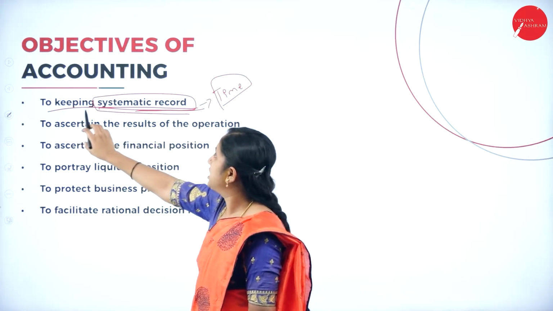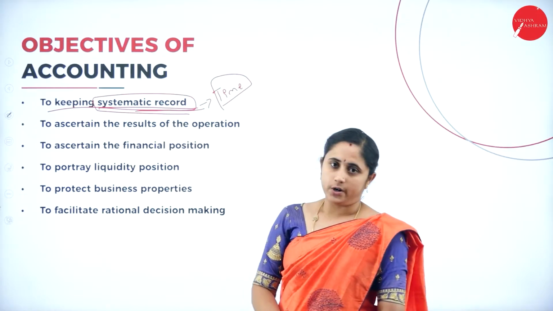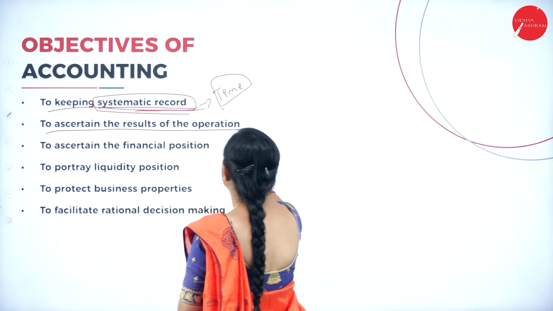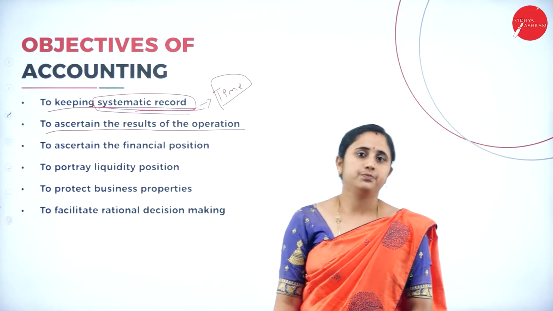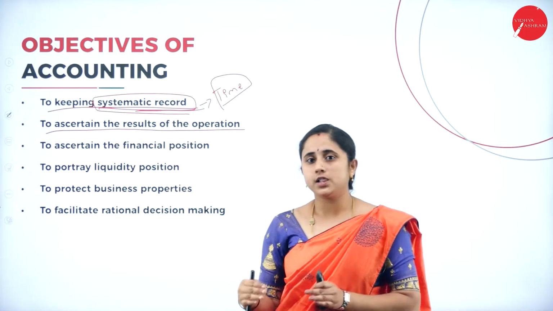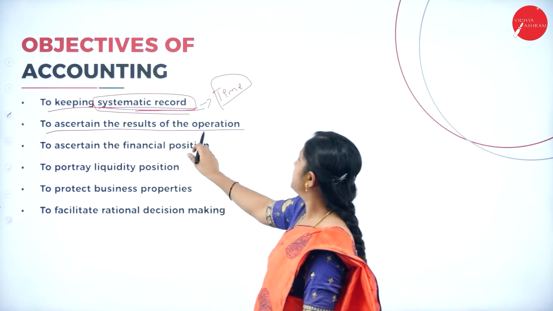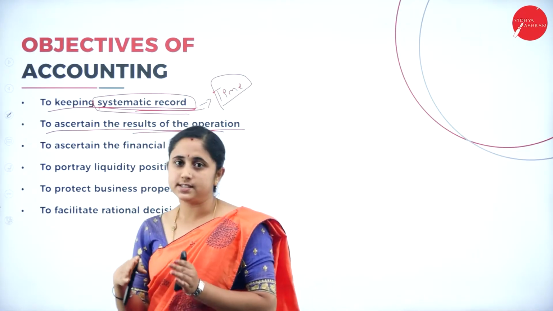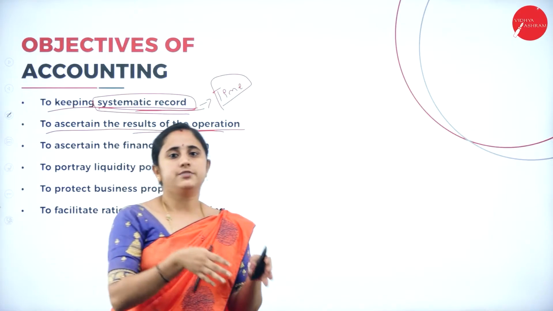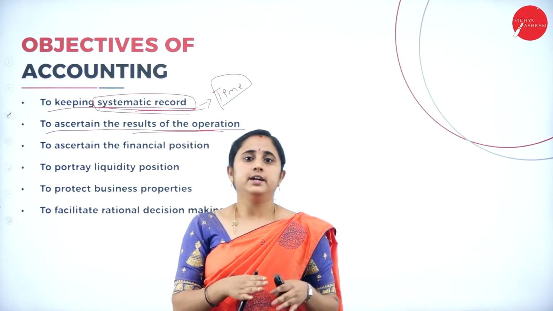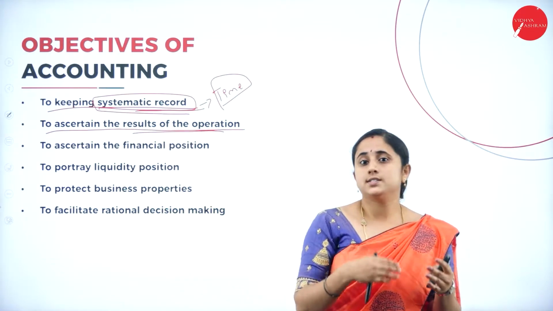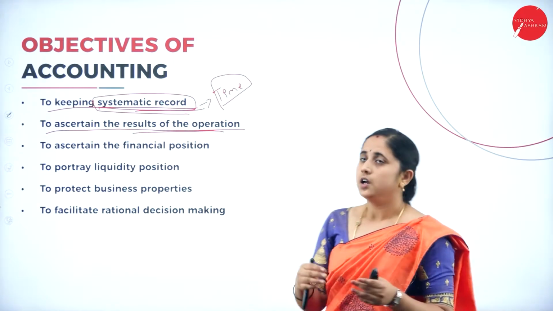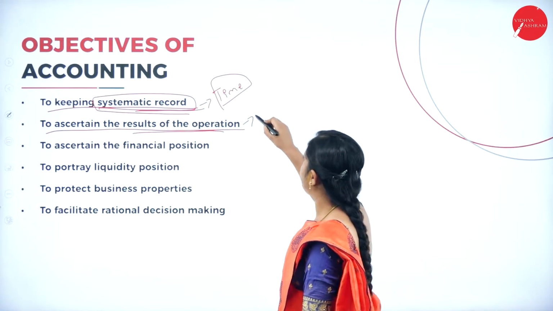So, keeping systematic records helps to ascertain the results of operations. After recording all the transactions, it helps in ascertaining the results, that is, whether the business is running in profit or suffering from losses. And it helps to ascertain the reason for the losses and how they can improve the profit.